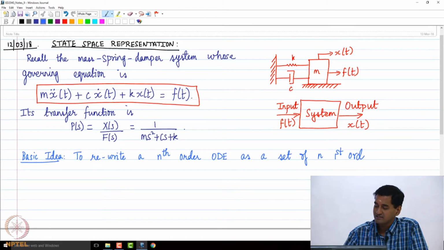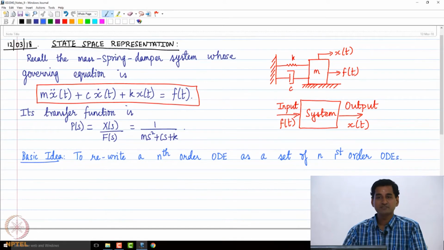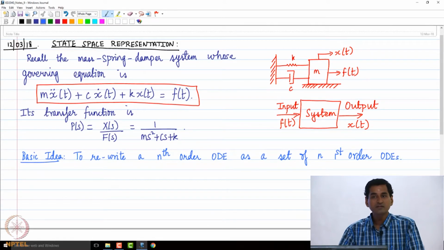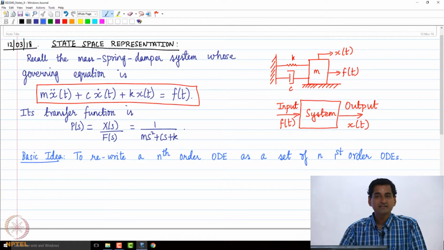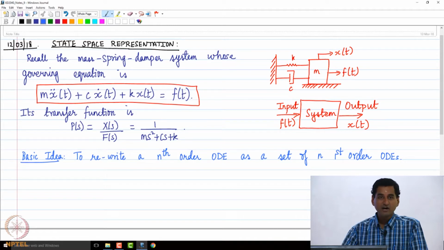That is the basic idea behind the state space representation. So you give me an nth order ODE, can I rewrite it as a set of n first order ODEs? That's a question we are going to ask ourselves. The answer is that it is possible, and we are going to see how.